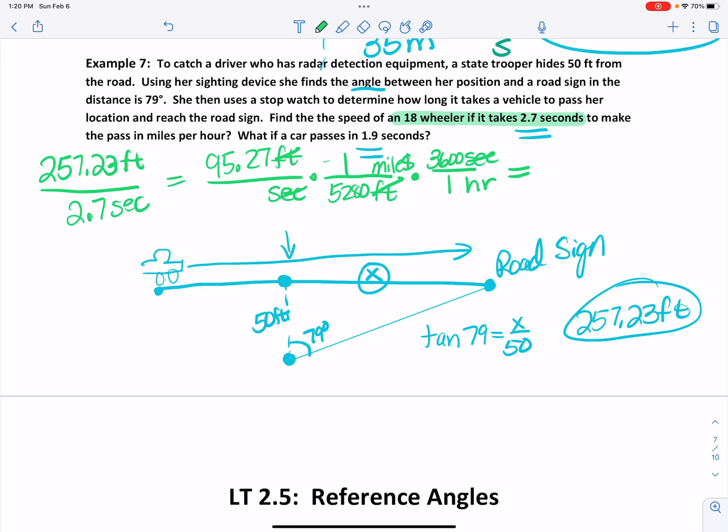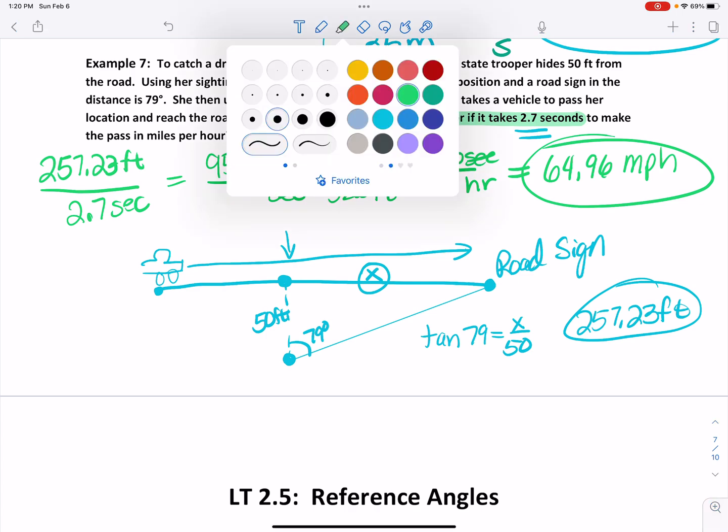And I end up with 95 divided by 5,280, and then times 3,600. And the 18-wheeler is going 64.96 miles per hour. Okay? So probably not speeding if we're on a highway.